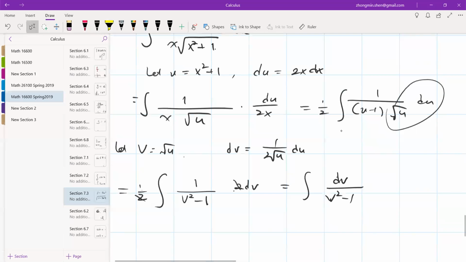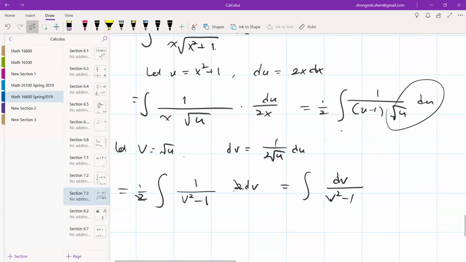Either you can continue working on that directly, or you can find the formula in the book. This is about hyperbolic functions, which is what I did in the last class.